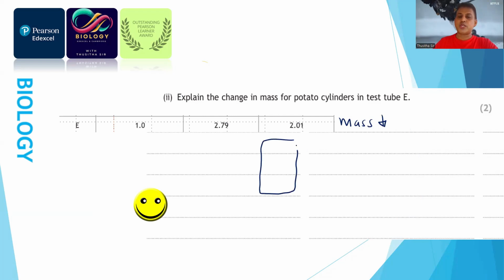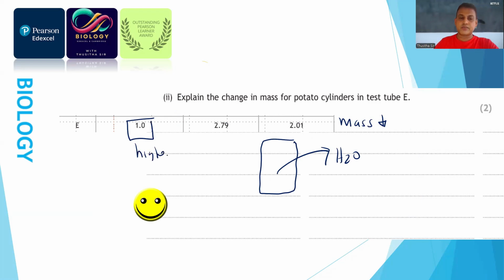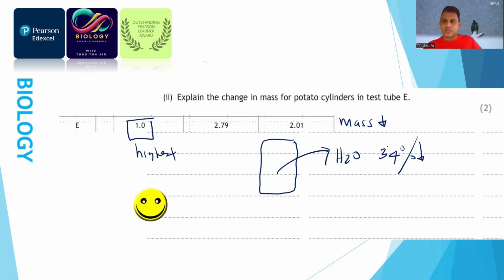The water should go out by osmosis. And why do we see the highest change? Because 1 is the highest concentration, so we can observe the highest percentage change, 34% mass reduced, according to the previous calculation.